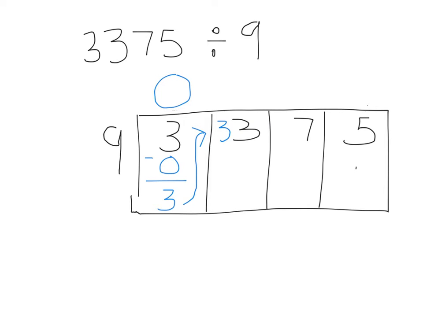So now I see, can 9 go into 33? Well, I know that 9 times 3 is 27. So if I put a 27 here, I change this to a 2 to subtract. This is now 13. I'm left with 6.